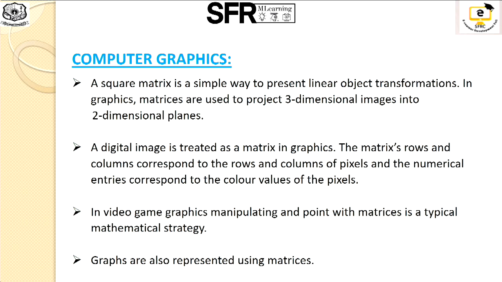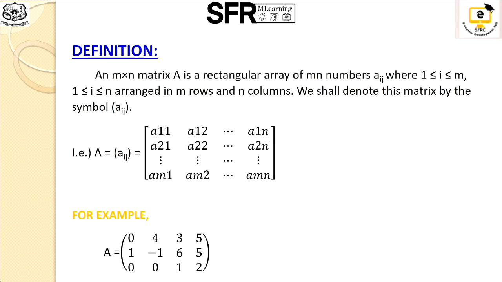The matrix rows and columns correspond to the rows and columns of pixels, and the numerical entries correspond to the color values of the pixels. In video game graphics, manipulating points with matrices is a typical mathematical strategy. Graphs are also represented using matrices.